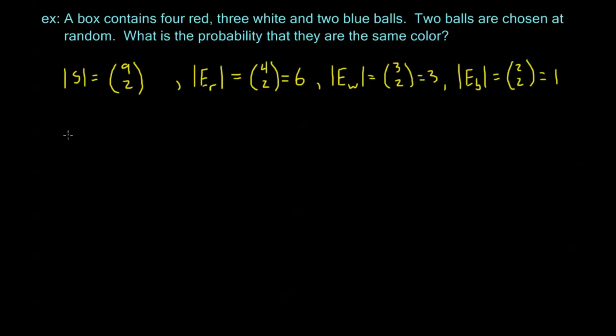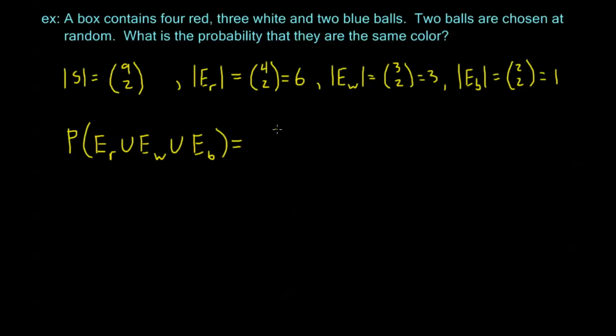So now I'm looking at the probability that I choose 2 red balls, or I choose 2 white balls, or I choose 2 blue balls. Now choosing 2 red balls, 2 white balls, or 2 blue balls, these are disjoint events, right? These don't share any sample points. This is all the sample points of 2 blue, 2 white, 2 red. Nothing's shared.